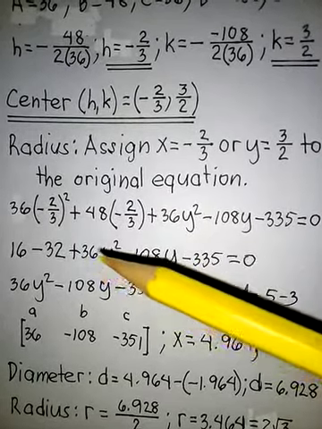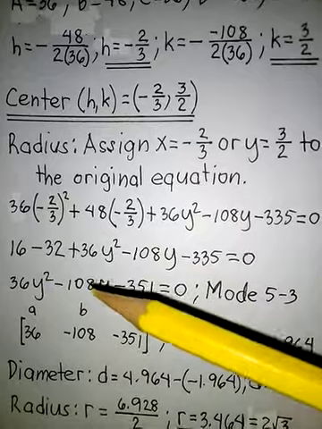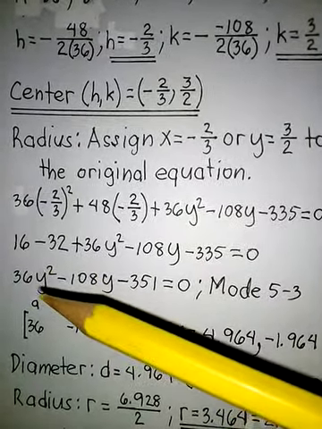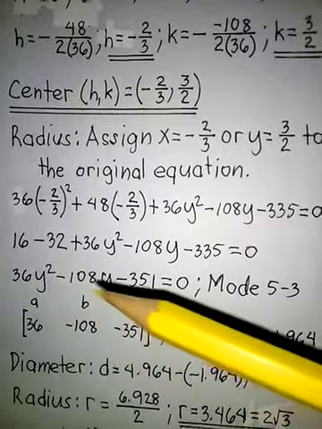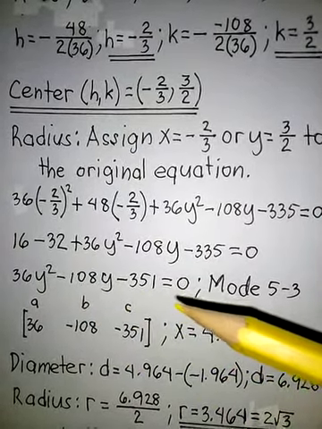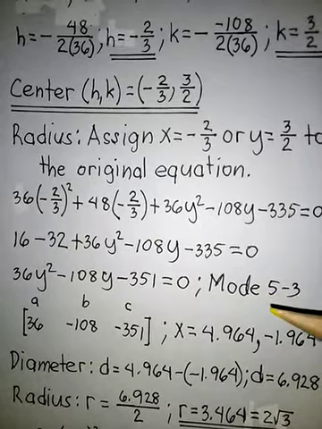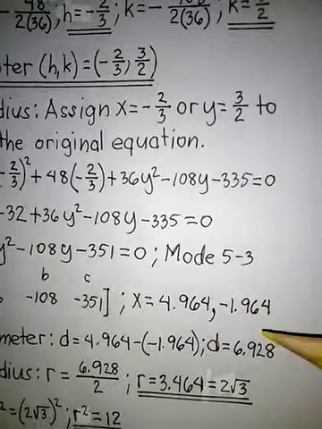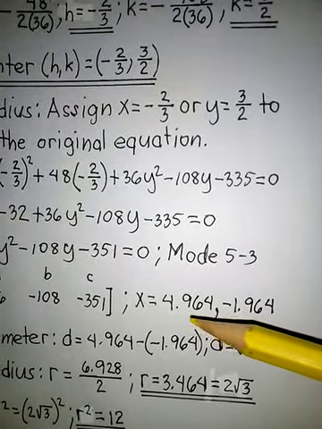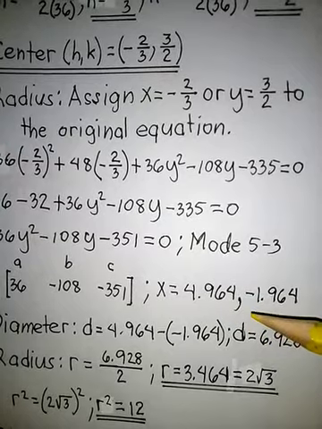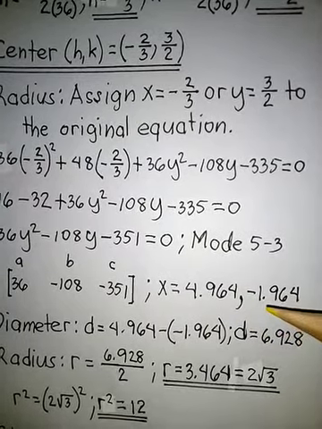Simplifying this further, we get a quadratic equation, 36y² − 108y − 351 is equal to 0. Using mode 5-3 of our calculator, we can get the values, which are equal to 4.964 and negative 1.964.